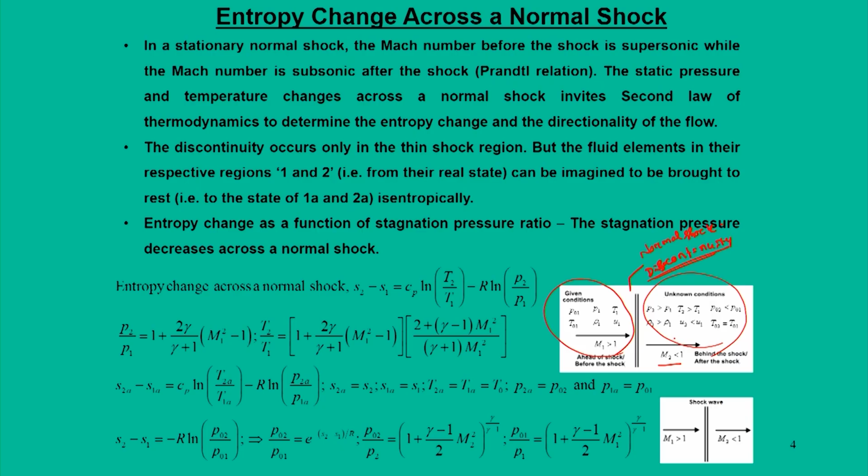If you look at the entropy equations, the entropy change across a normal shock can be related to the static temperature ratio and static pressure ratio. This is nothing but the entropy equation that we get from thermodynamic analysis.